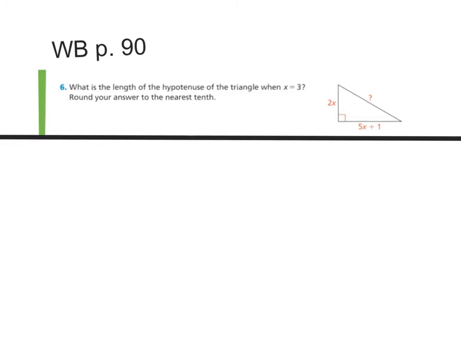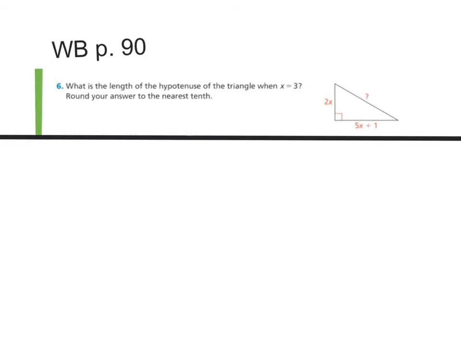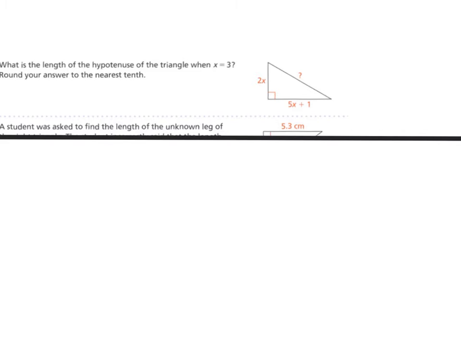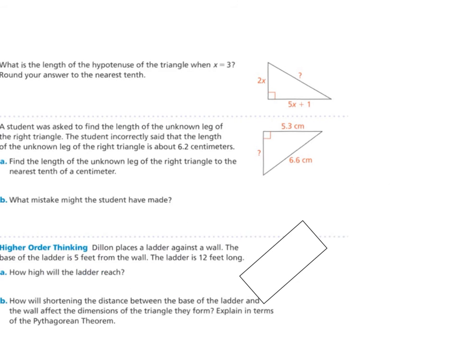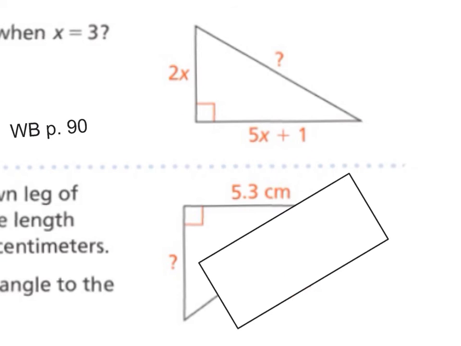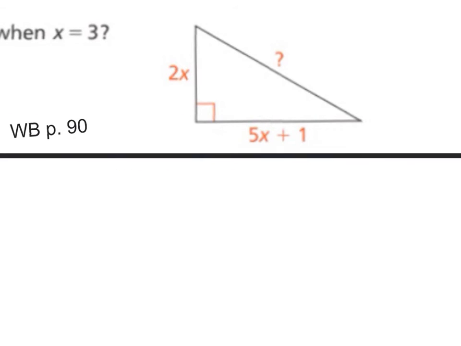Workbook page 90, number 6. What is the length of the hypotenuse of the triangle when x equals 3? Round your answer to the nearest tenth. So x equals 3. Probably what we would want to do here first is just substitute in place of the x.